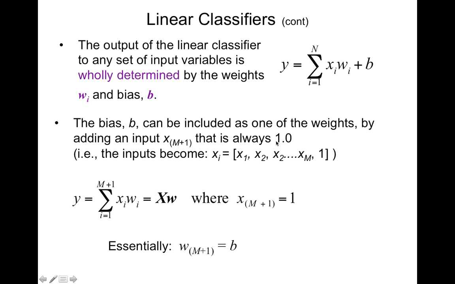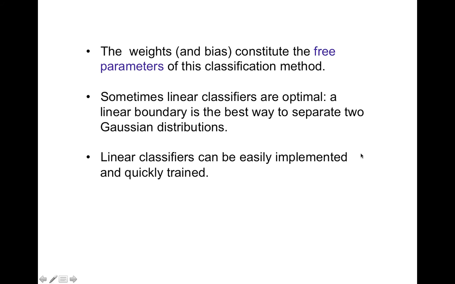So our sum, rather than going from 1 to n, if we have m variables, goes from 1 to m plus 1, where x of m plus 1 is 1, and we basically have then just the weights. So basically your weight at m plus 1 is going to equal b, your bias or offset. So the weights and the bias are basically the free parameters of this particular classification method.